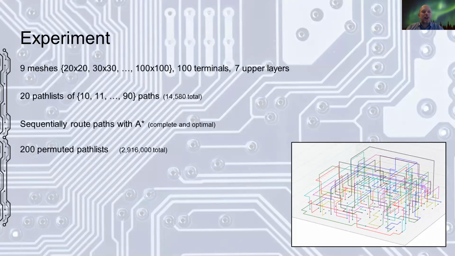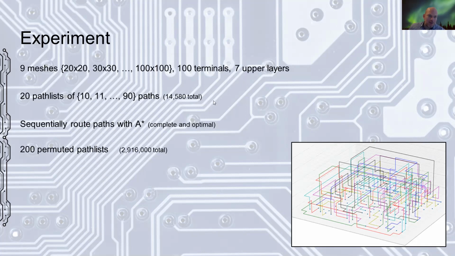So therefore, we designed an experiment with 9 meshes, which have a base plate, you can see bottom right here, of 20 by 20, 30 by 30, 40 by 40, up to 100 by 100 grid points. We strew 100 randomly distributed terminals on the mesh, just throw them on there, and then we have 7 upper layers so that the paths can also move up and down, like in piping, like in drone control, like in neuromorphic systems, and even like in chip design.